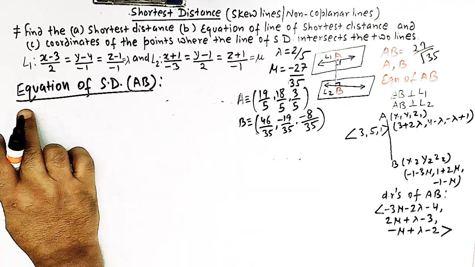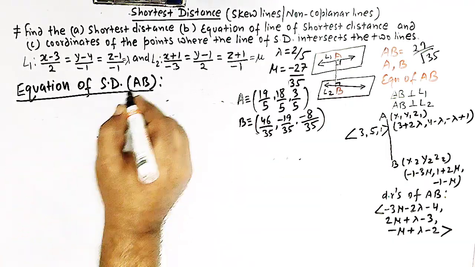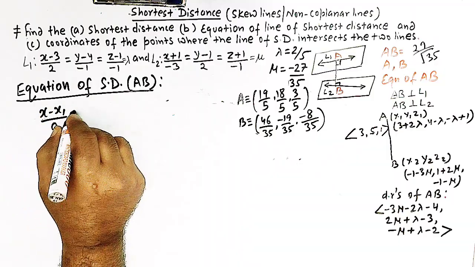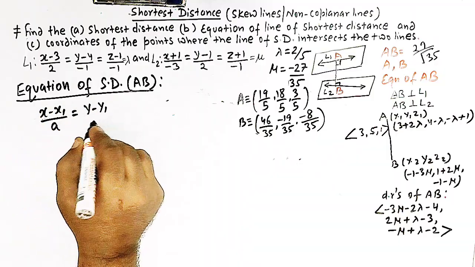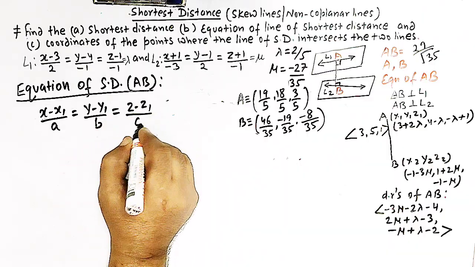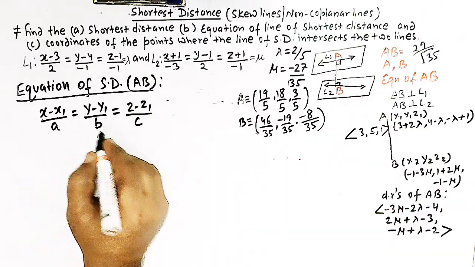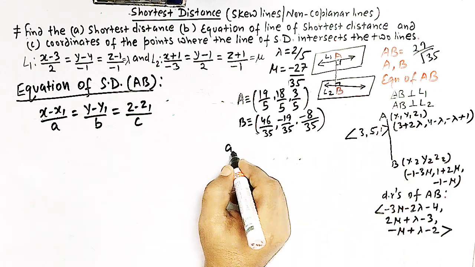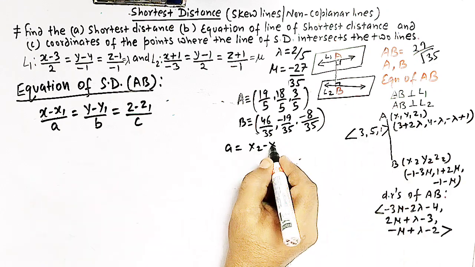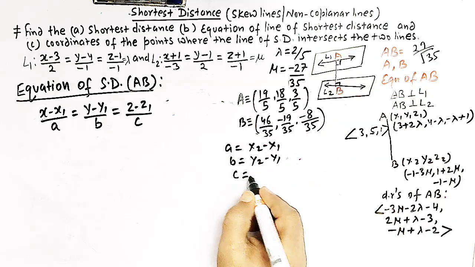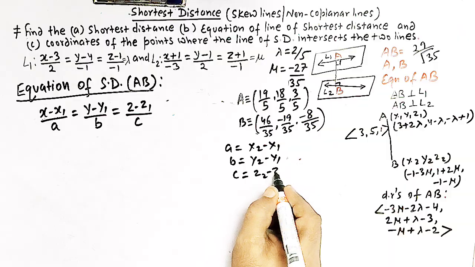So now the equation of shortest distance AB can be written as x minus x1 over A, y minus y1 over B, and z minus z1 over C, where A, B, C are the direction ratios of AB. So A is x2 minus x1, B is y2 minus y1, C is z2 minus z1.